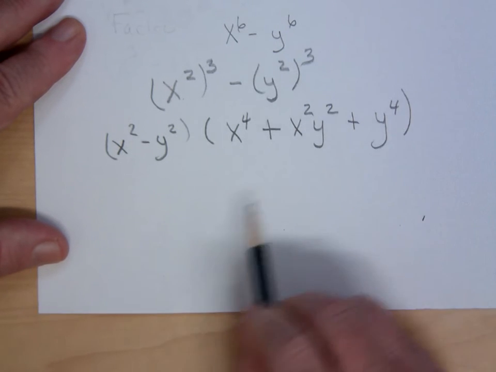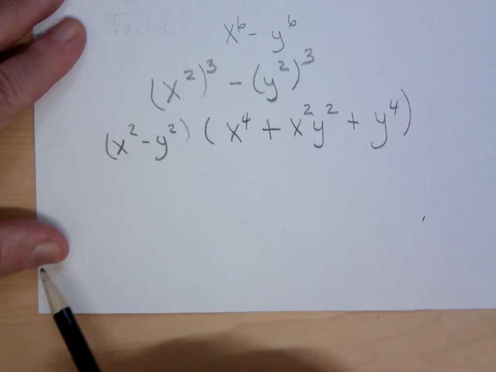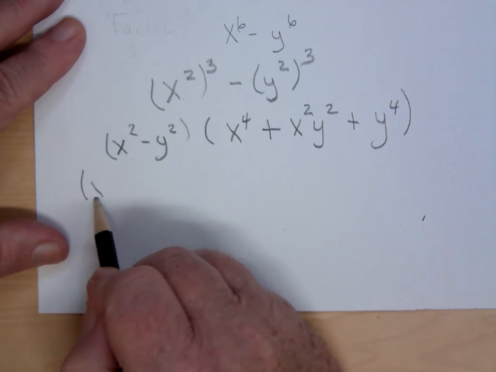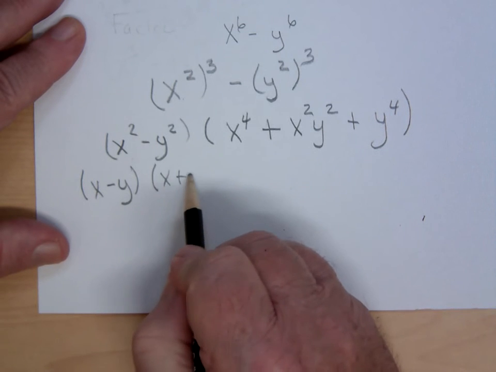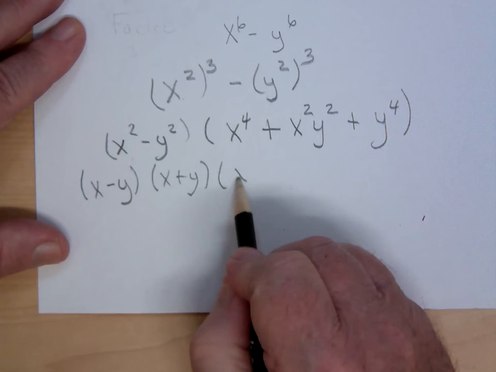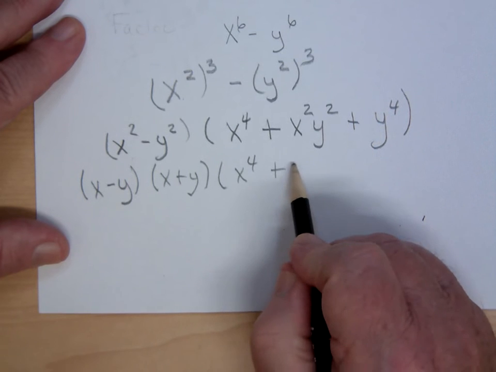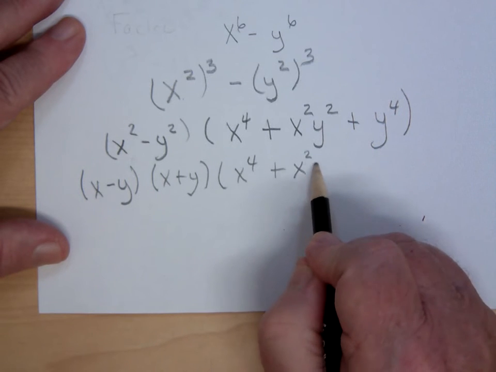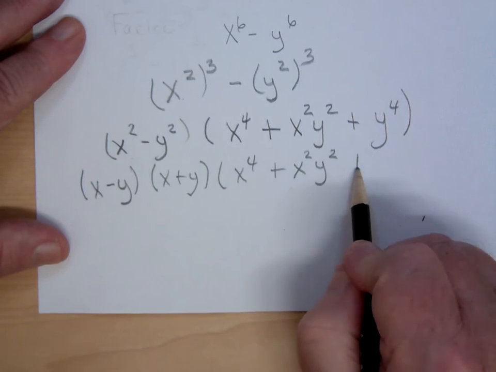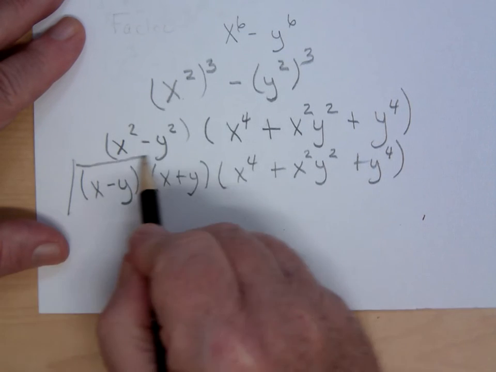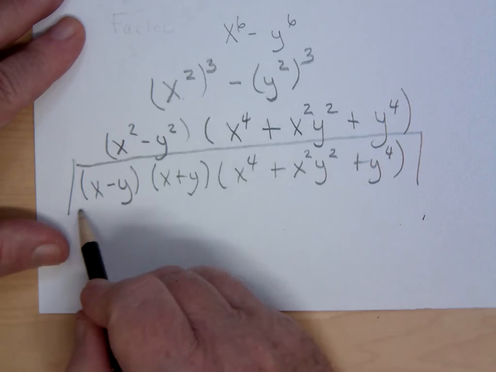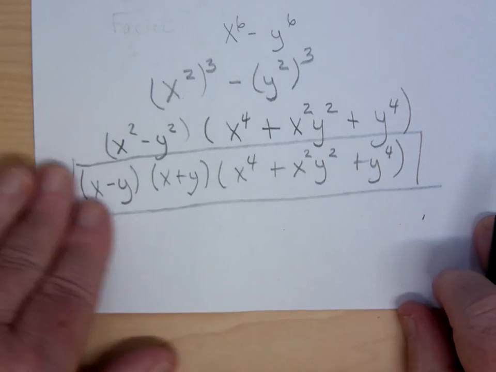But I'm not finished yet because x squared minus y squared is a difference of perfect squares. So this can be factored into x minus y times x plus y times x to the 4th plus x squared y squared plus y to the 4th. So finally, we have the completely factored answer to that one.